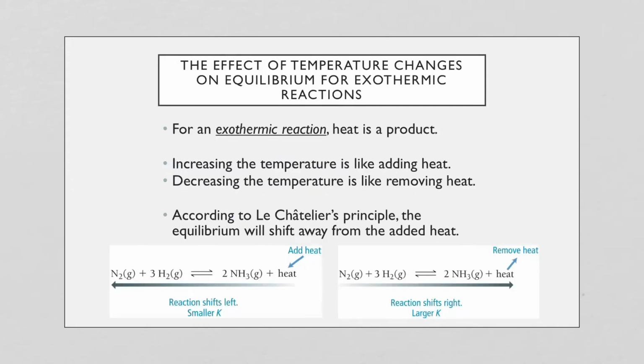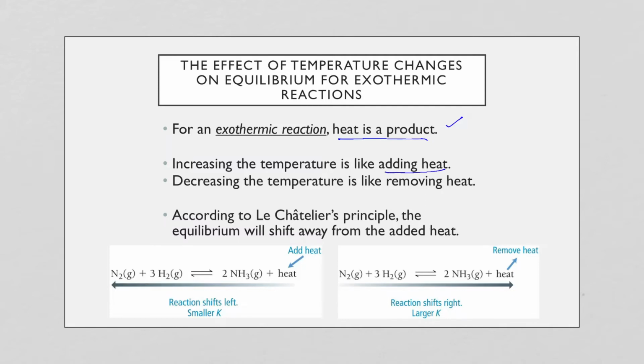So let's first look at an exothermic reaction. An exothermic reaction is going to have heat as a product. Now, if we think about what changing temperature means, remember, temperature is the measure of the average thermal kinetic energy. So if I increase the temperature, that's like adding heat.